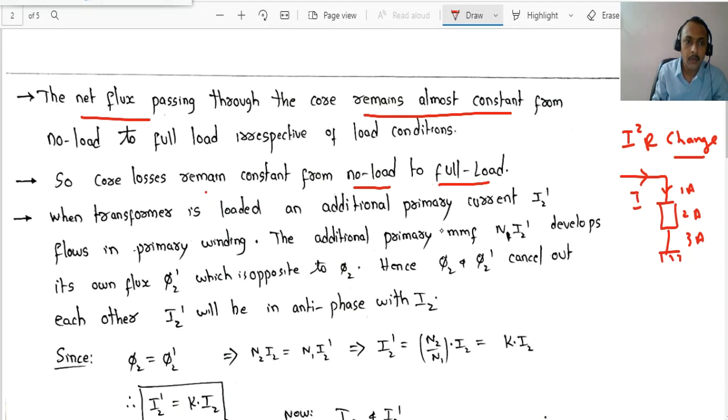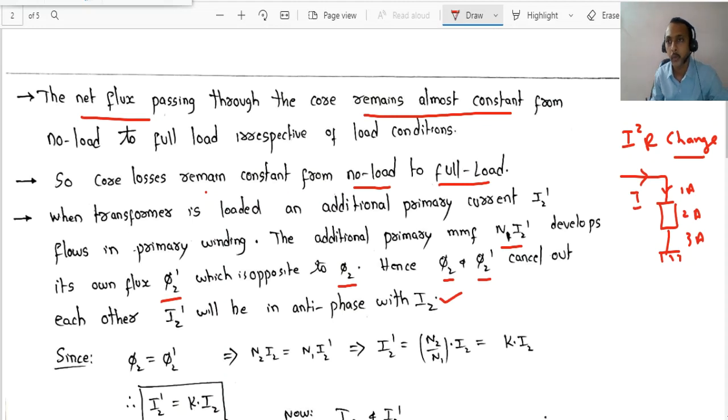Next, when the transformer is loaded, some additional current I2 dash flows in the primary winding along with I1. Because of this, an additional primary MMF N1 I2 dash will be developed, and it is going to develop its own flux phi2 dash, which opposes phi2. So phi2 and phi2 dash will cancel each other out, and this I2 dash will be in anti-phase with I2.